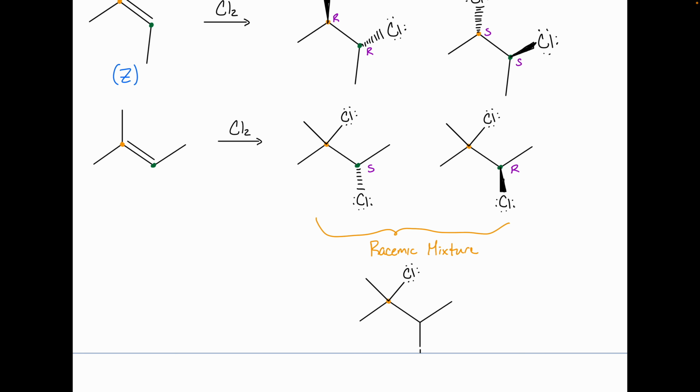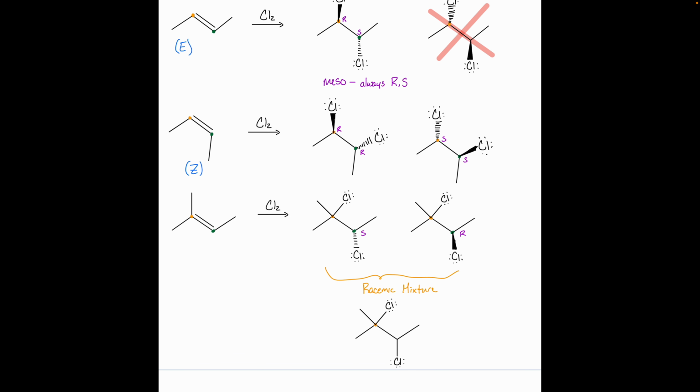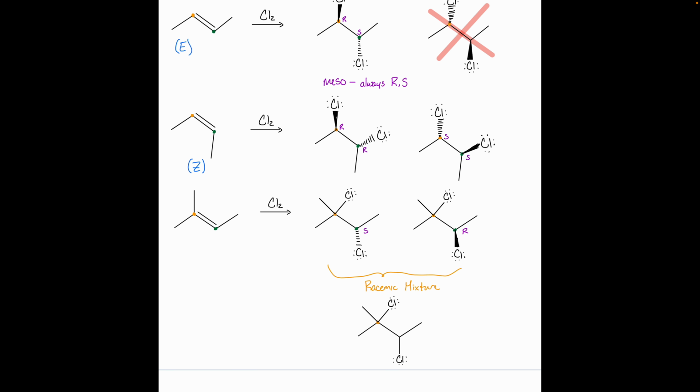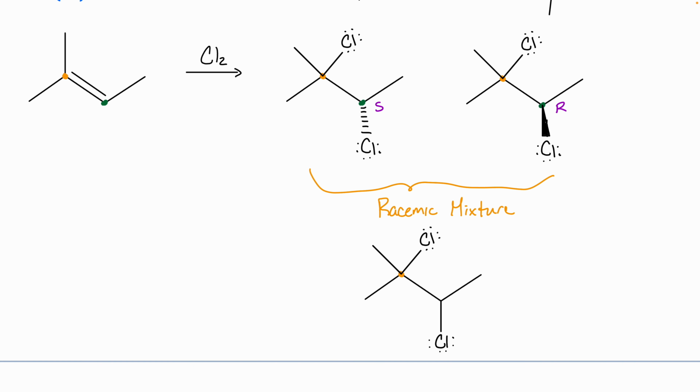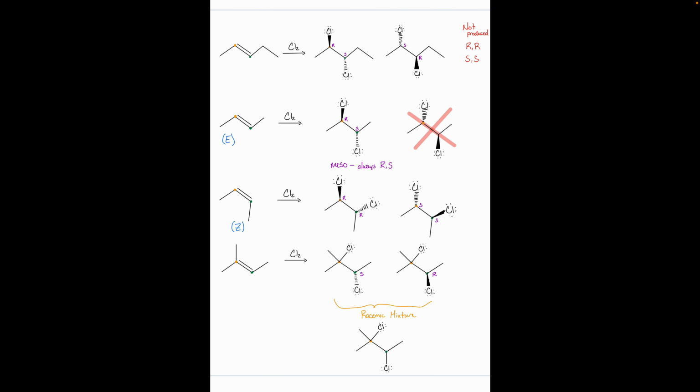All right, so our racemic mixtures we represent with just those straight line bonds. We don't have a stereospecific product.